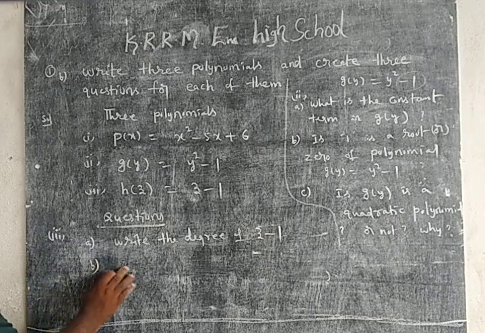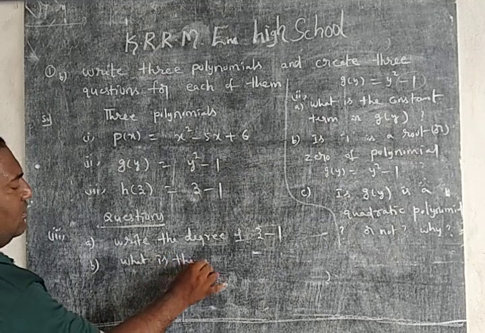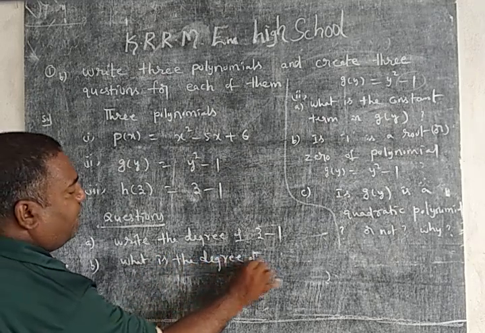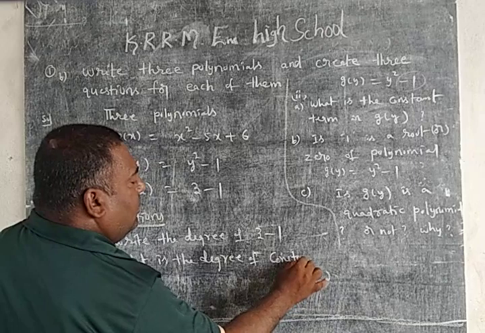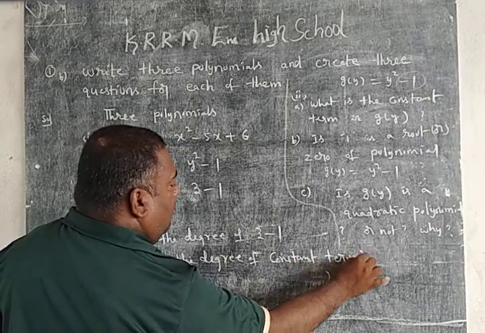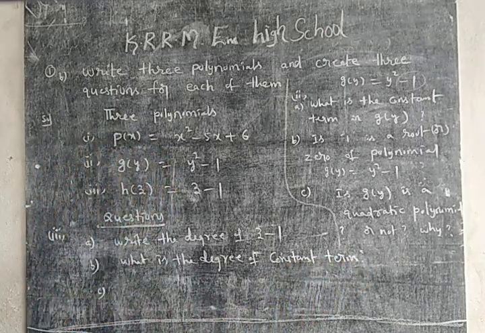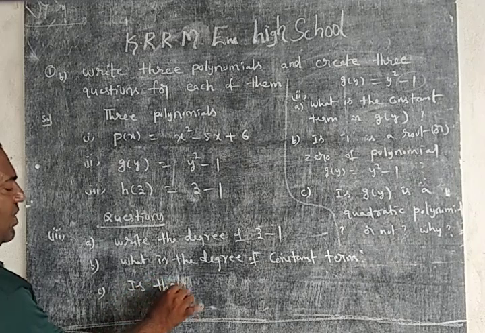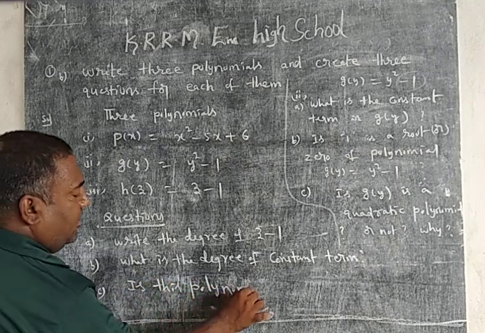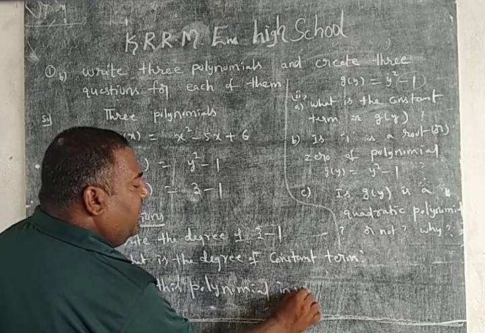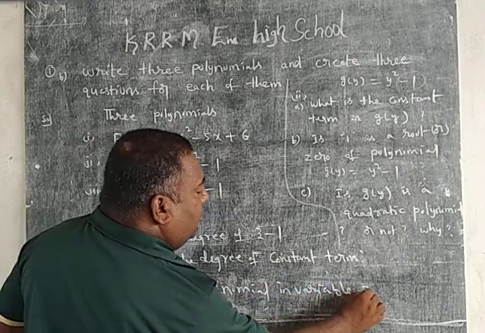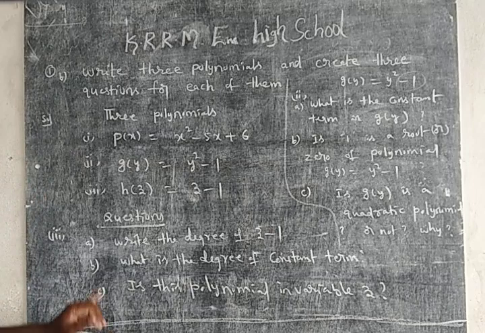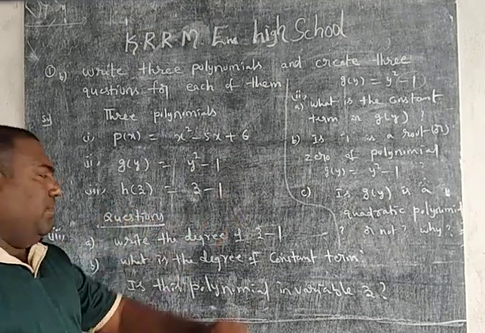B: what is the degree of the constant term? Third question: is this polynomial in variable z? So these are the three created questions about h of z equal to z minus 1.